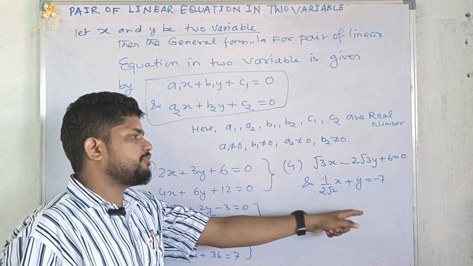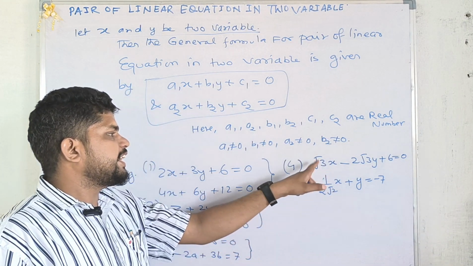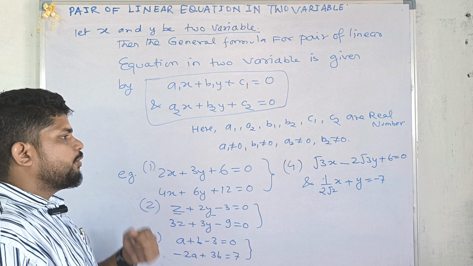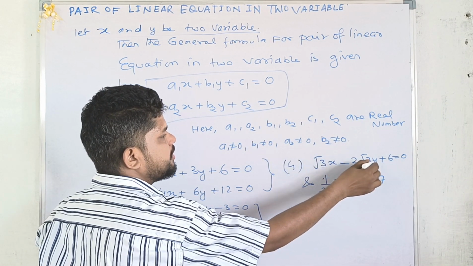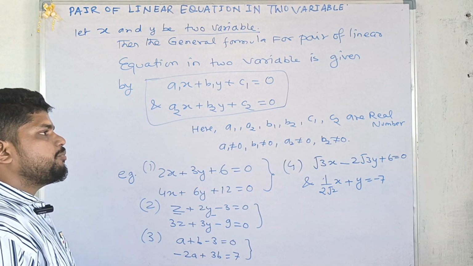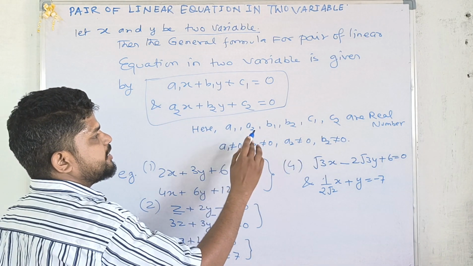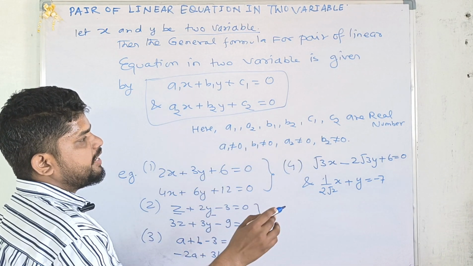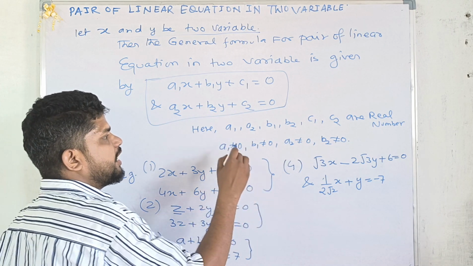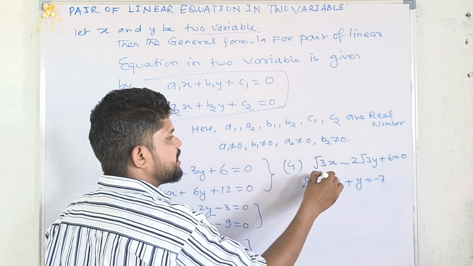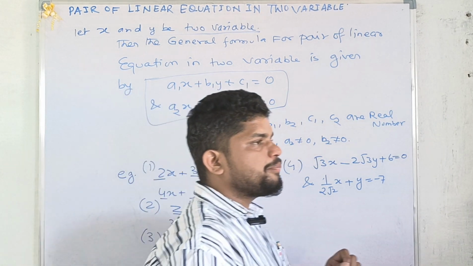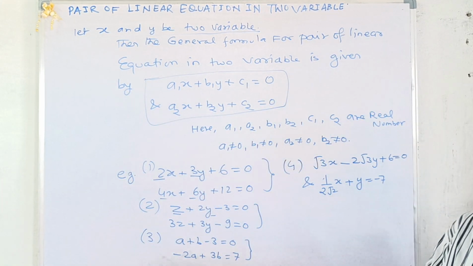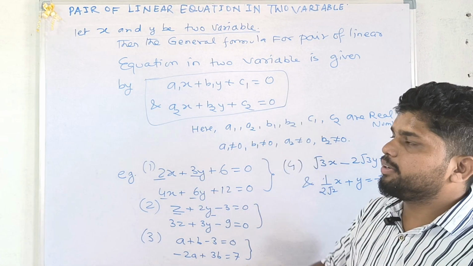Here the variables are x and y, and they are satisfying this condition. Only thing is that here the numbers are irrational numbers, so we have no problem, because the coefficients of x and y as well as the constant are real numbers, so it can be irrational as well as rational also. So this is the basic general formula for the linear equation in two variables.